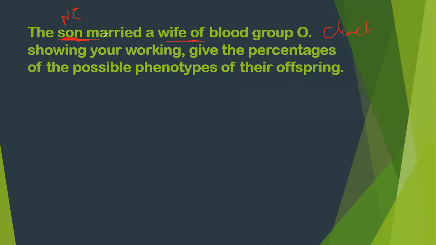And we have discovered that the son, Navasa Collins, is of blood group BO. You have clearly seen that. And they have told us in the question that the wife Charity is of blood group O, and O can be capital O, capital O. So they want the percentages, so I want to carry out a cross. Here you form BO, whereby this B can fuse with this, or B can fuse with this.